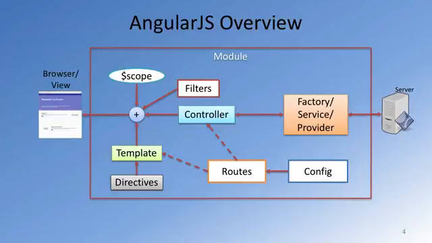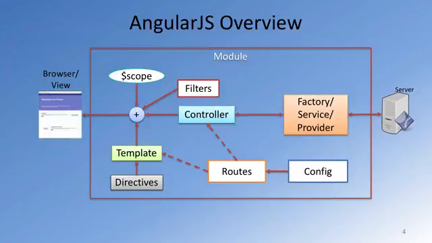You also see how your controllers are able to draw in data using the factories or service or providers from the server. So the communication with the server side is completely handed over to the factory service or provider, and the controller calls upon the factory service or provider when needed in order to do the communication with the server side. So separation of concerns has become easier.